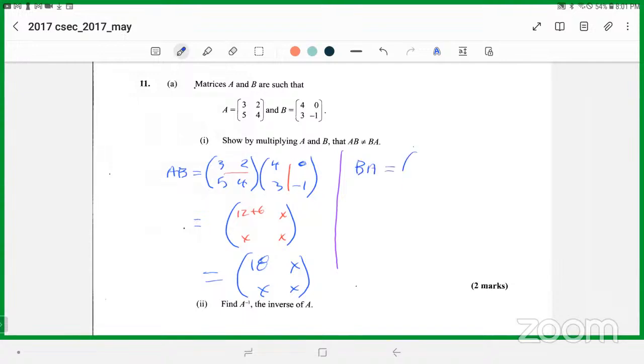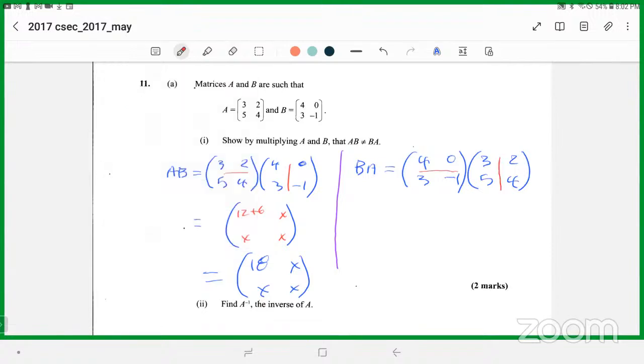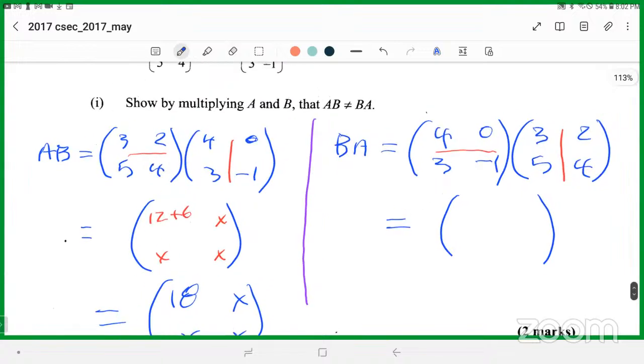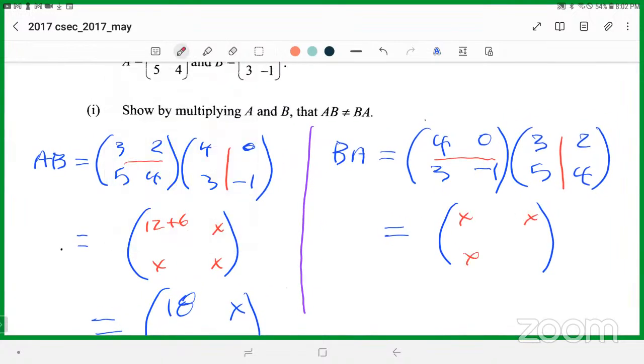then it would be 4, 0, 3, -1 times 3, 2, 5, 4. Again, we are doing the rows of the first matrix by the columns of the second matrix. I'm going to calculate the first value here. Again, we have 4 values to get.